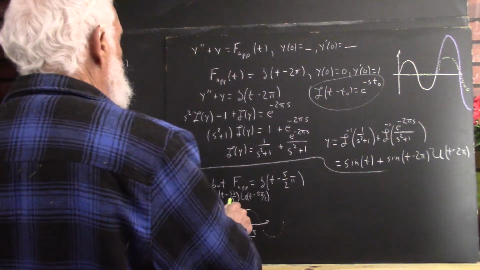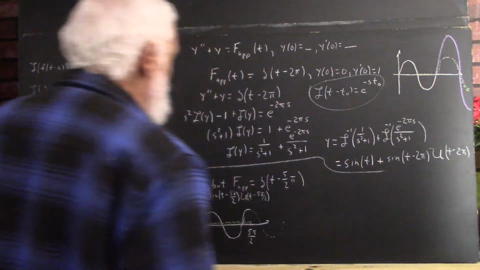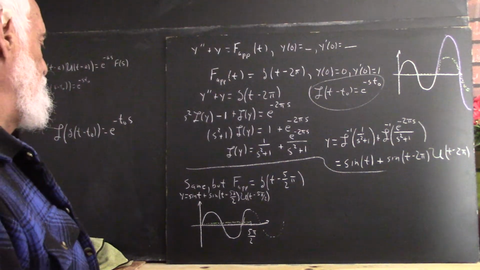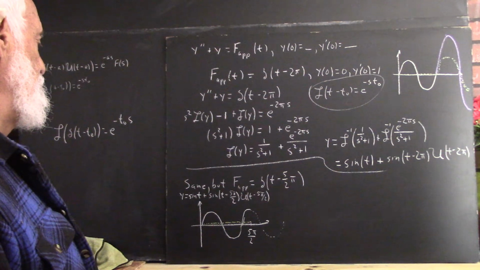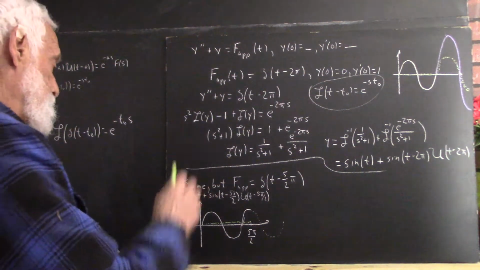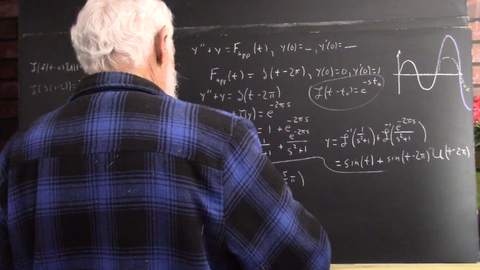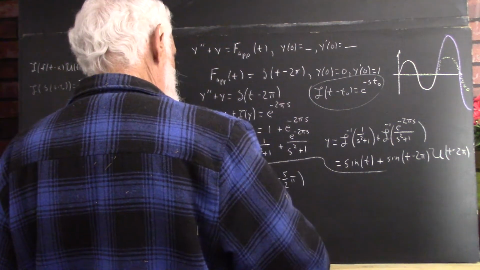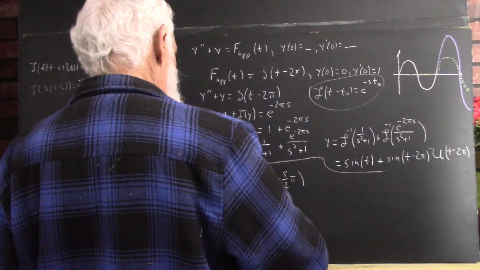Except now it's sine of t minus 5 pi over 2, so it's, never mind. For a minute there I thought I'd looked at it wrong earlier, but that was only an illusion.